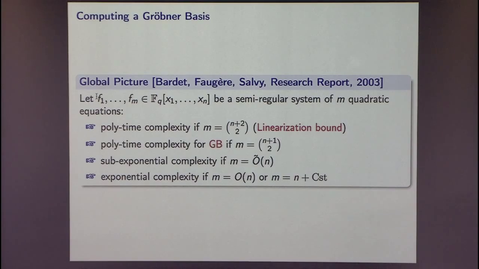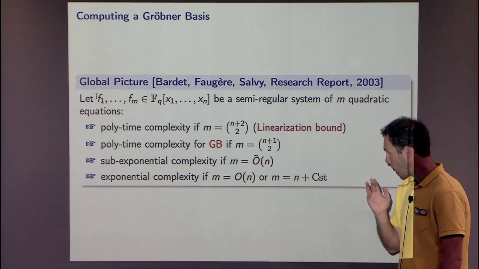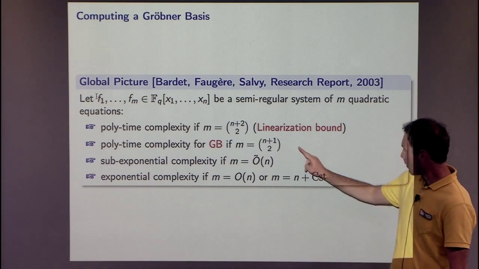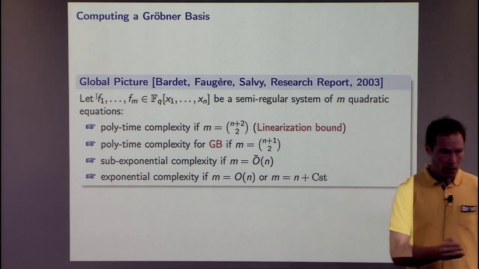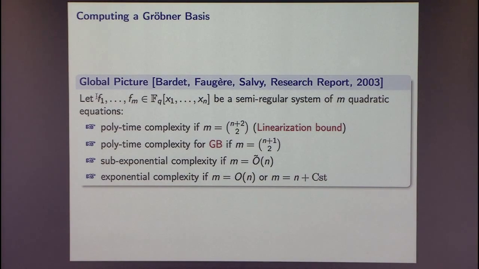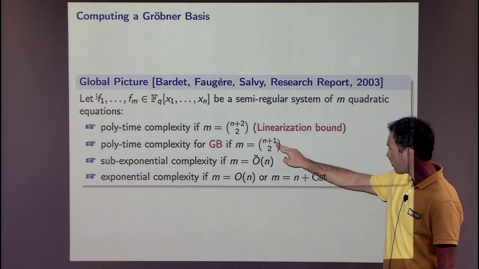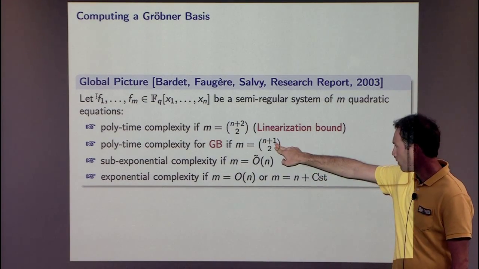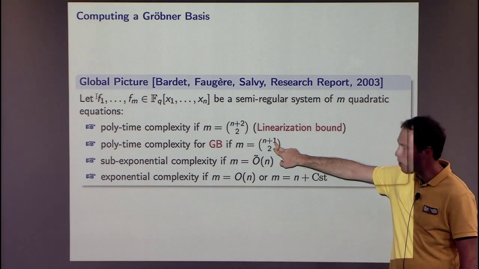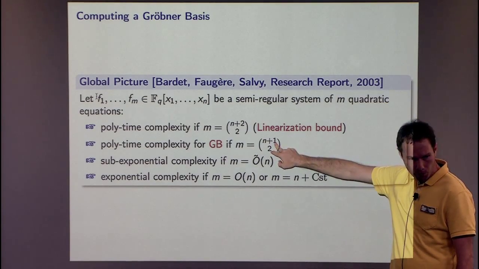But the global trend: if it is degree D, then I can linearize with n to the D, which is a polynomial. I replace it here with a slightly smaller number of samples, D minus 1.